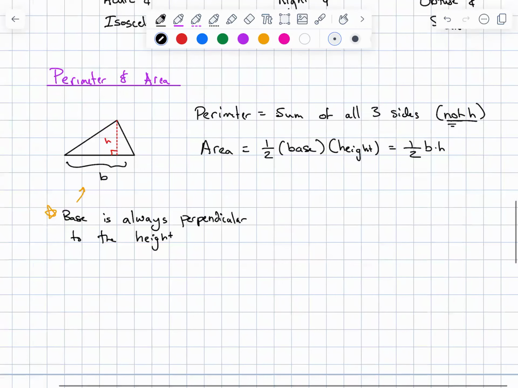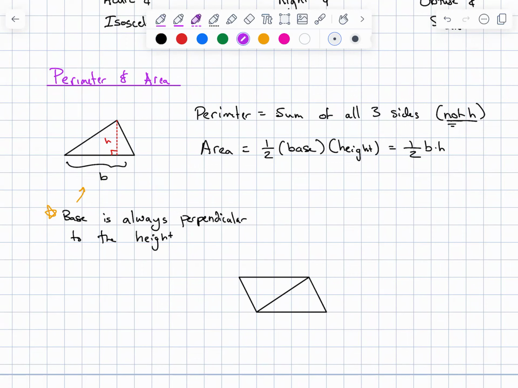So the reason for it is, imagine you take that triangle, and then for the sake of argument, I took that same triangle and flopped it up above. That's the exact same triangle, just in a different orientation.